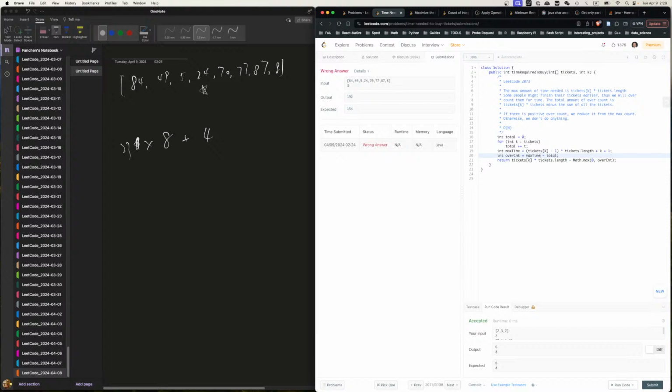Yeah, I don't think we should do max time minus total. I think we should just be going through them. Adding them together is not the right way to do it, because if you add them together, the eventual thing you produce might not be a negative value, or it might not be a positive value.